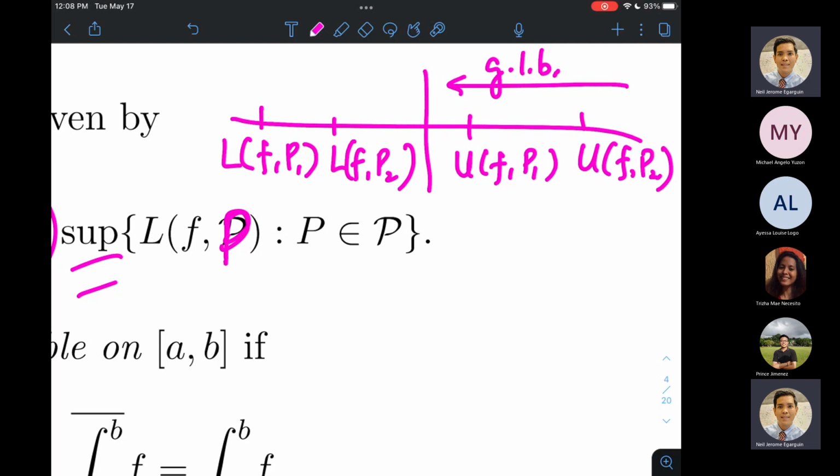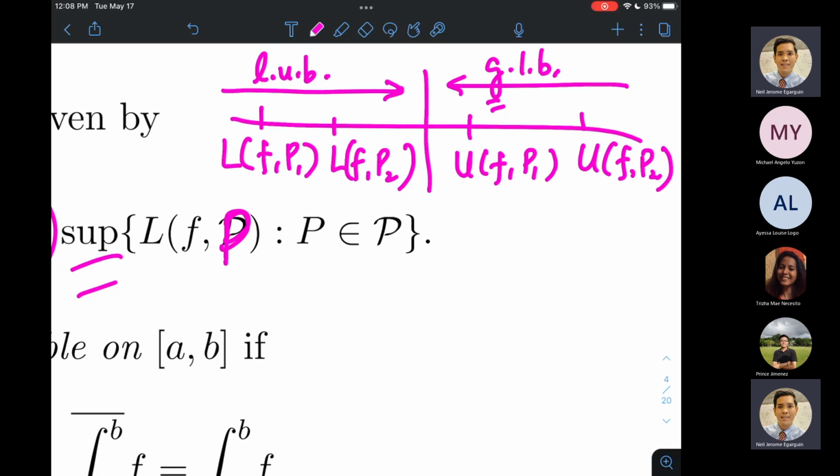Hindi masyadong mababa kasi gusto natin yung greatest lower bound. So bababa ng konti yung value nila, tapos hopefully ma-meet siya halfway nung supremum o nung least upper bound ng mga lower Riemann sums. Kasi mas mababa yung value ng mga lower sums, right? So kung kukunin ko yung supremum ng mga lower sums, medyo makakakuha ko ng mas malaking value.